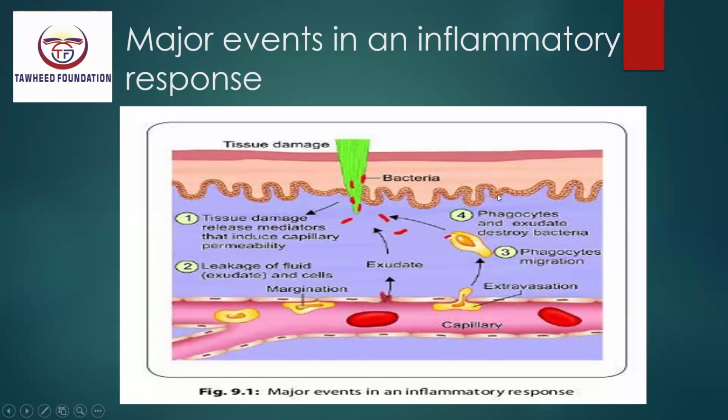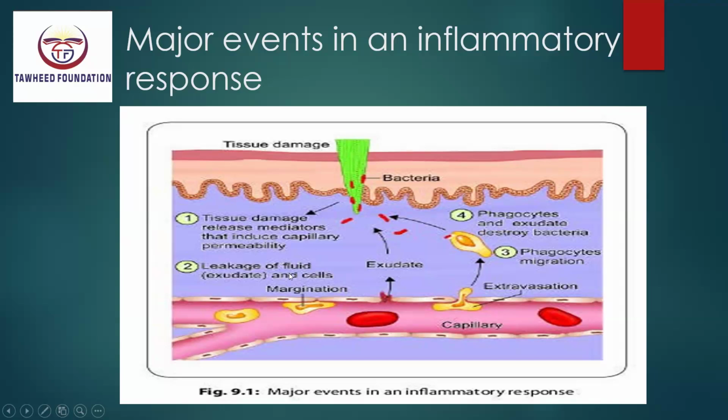Fourth is phagocytes and exudate destroy bacteria. Once in the damaged tissue, phagocytes engulf and destroy bacteria and other harmful microorganisms. So, visual breakdown: tissue damage, top, broken skin allows bacteria to enter. Release of mediators triggers an inflammatory reaction.